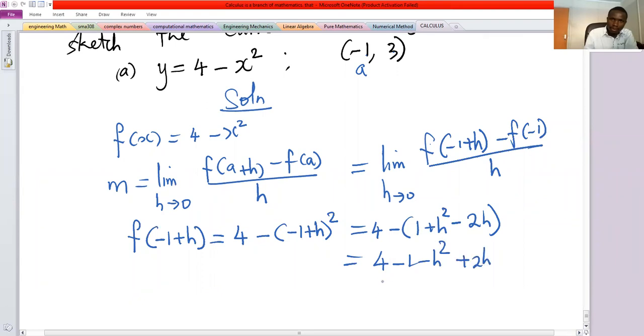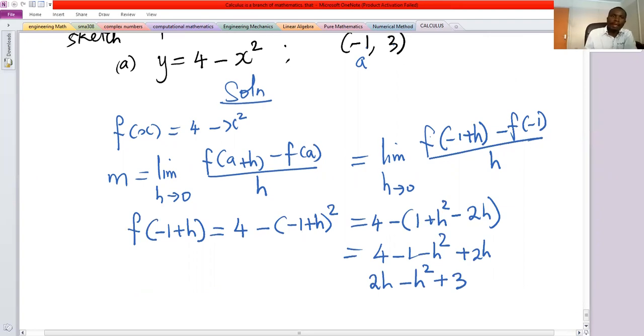So it will be 2h minus h squared plus 3. And then f of minus 1 will be 4 minus 1 squared, which is 4 minus 1, which is 3.